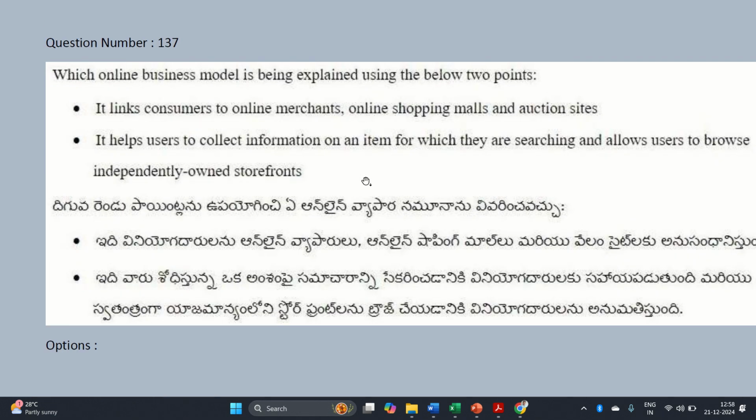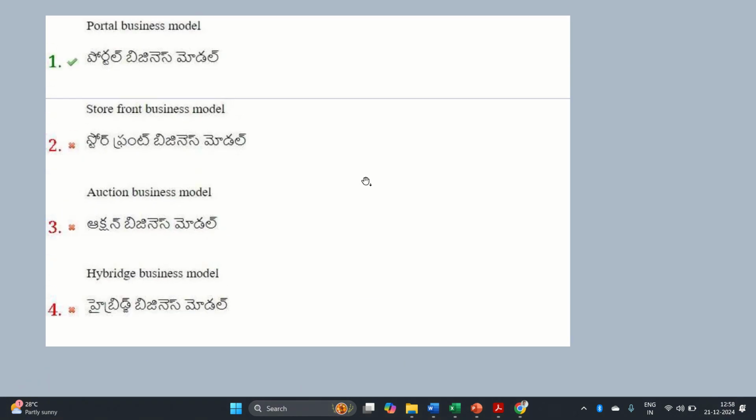Which online business model is being explained using the below two points? It links consumers to online merchants, online shopping malls, and auction sites. It helps users to collect information on an item for which they are searching and allows users to browse independently owned storefronts.